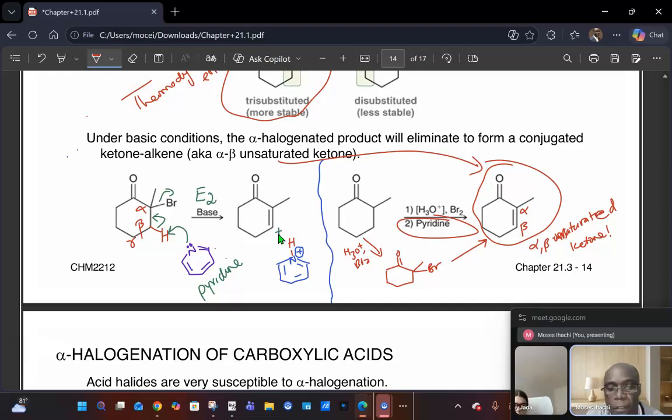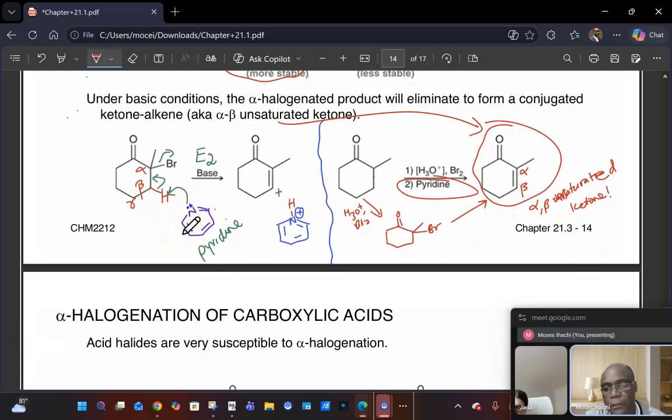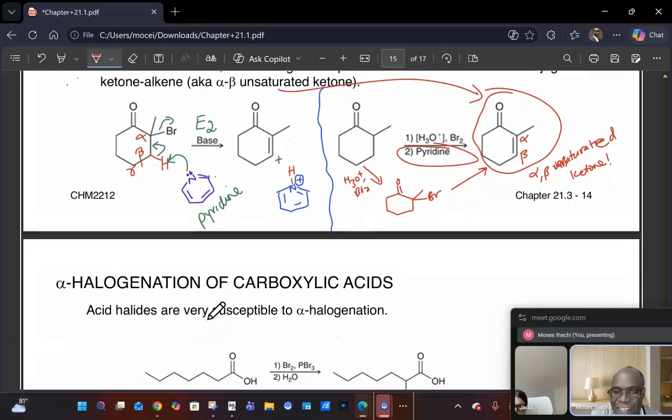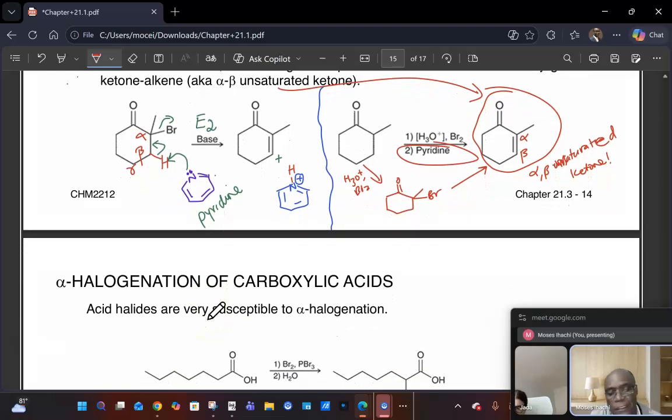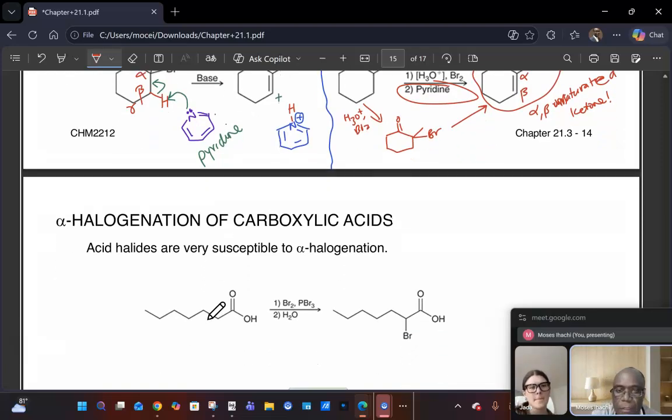We'll use that for another reaction we call conjugate 1,4 addition, Michael addition. The nucleophile attacks the double bond of the CC double bond, not the carbonyl like Grignard does. That Grignard does 1,2. Michael nucleophiles do 1,4. We'll talk about that when they come.